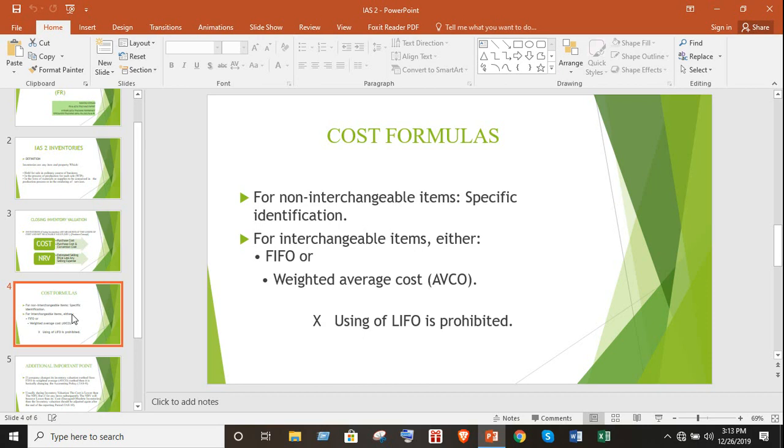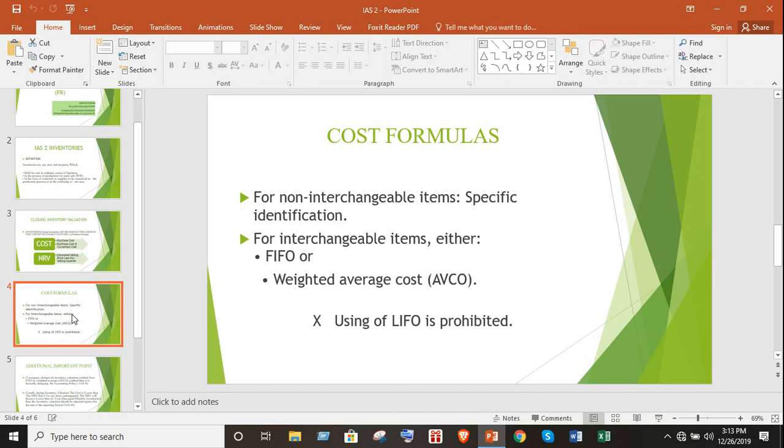So now FIFO means the first item of inventory should be issued which is first in or first purchased, and AVCO means you need to make the average. So here there are two types of AVCO. One is the periodic average cost method, another is the weighted average cost method. Most of the topics in IAS 2, we have to follow the weighted average cost because this gives you a more accurate figure.